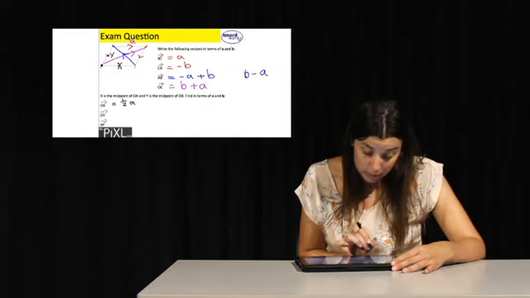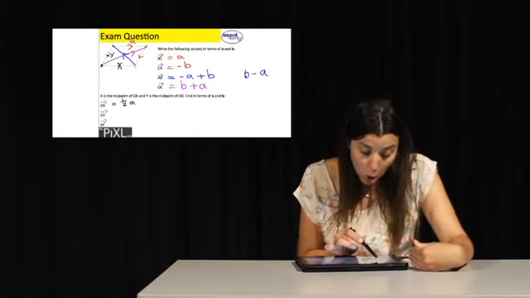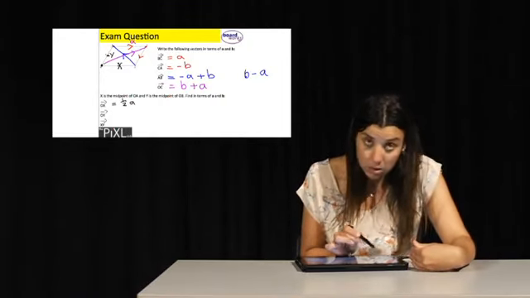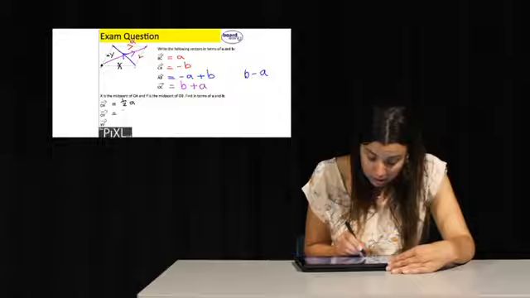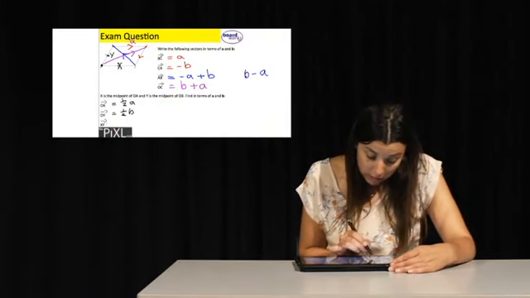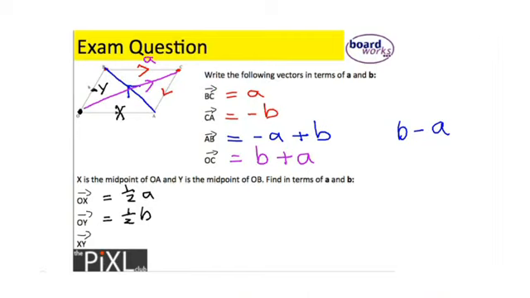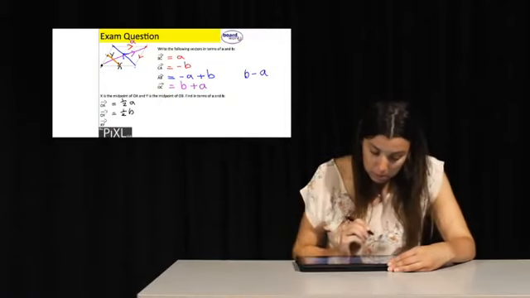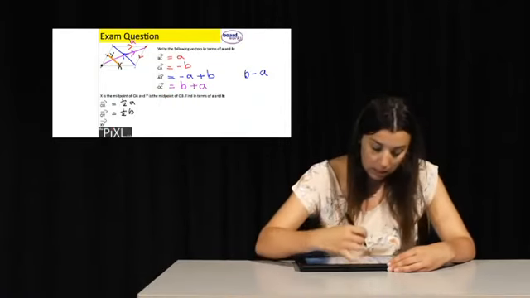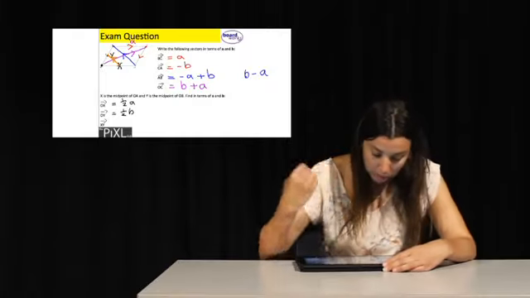The next one we're asked to find is OY. Similarly, from here, we're going halfway up B. The normal vector from O to B was B, so halfway is just half B. And the last point we're trying to find out is the vector from actually the 2 midpoints, X and Y. So I pop that in purple here. The direction is important. X is first, Y is second. So we're starting at X and we're going towards Y. I'm drawing an arrow on there.